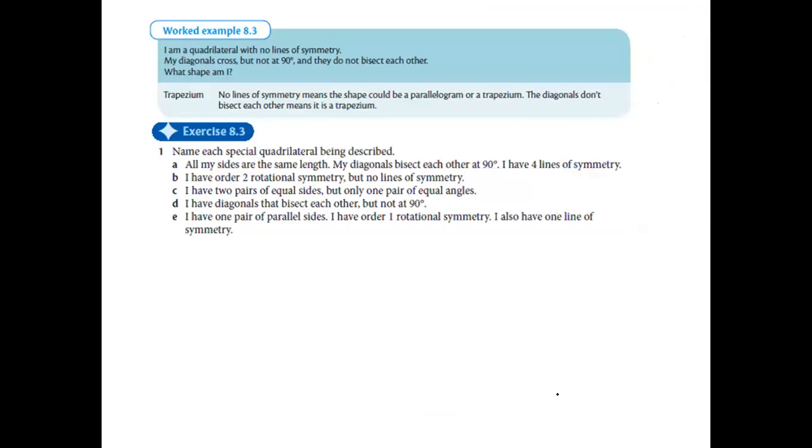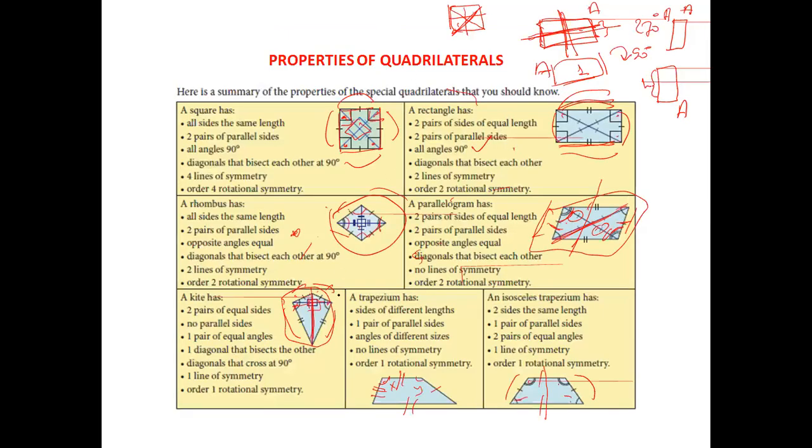There are some questions. Before that, let's work through the example we have. So let's read. I am a quadrilateral with no lines of symmetry. It hasn't any symmetry lines. Which shape is it? If you remember, here we have no line of symmetry. Here, no line of symmetry.